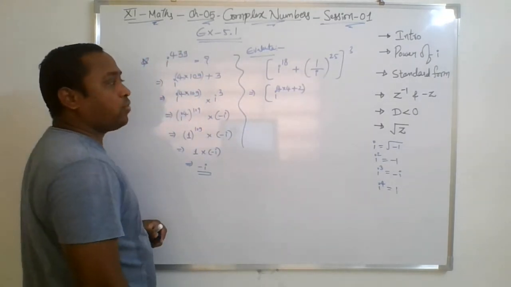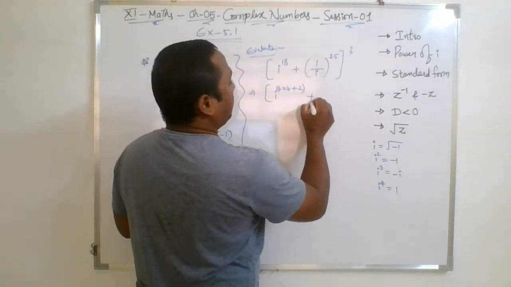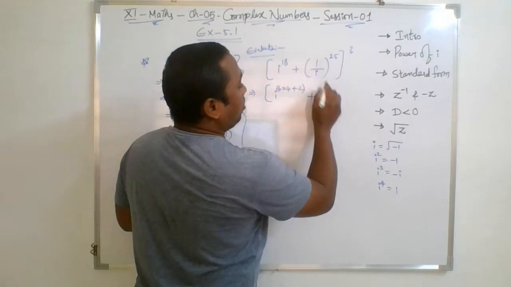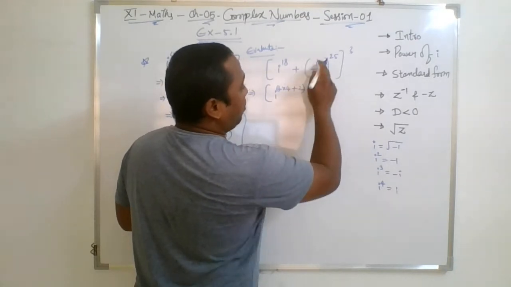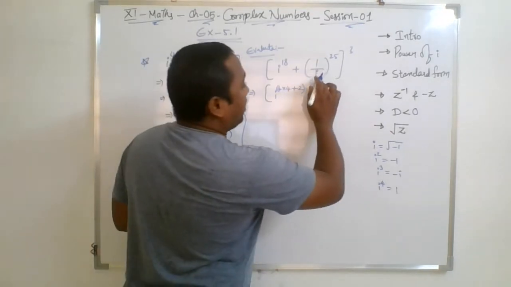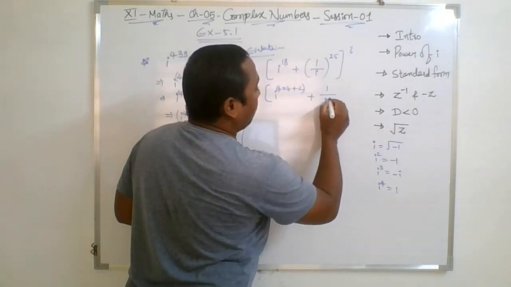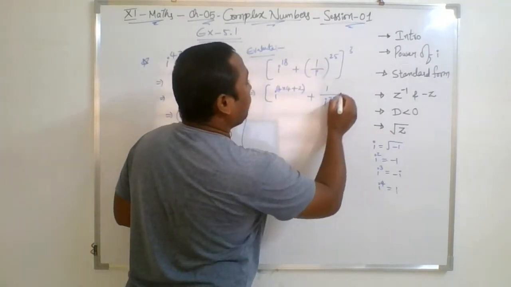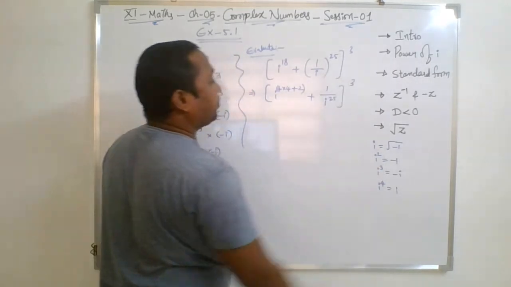I'm just splitting this one. Plus, this can be written as 1 upon, because 1 to the power of 25 is 1 only, i to the power of 25 whole cube.